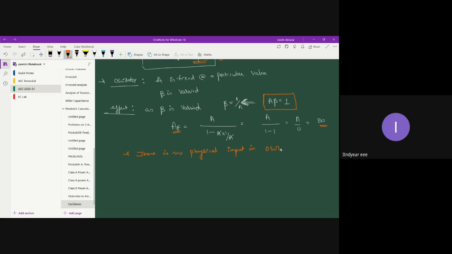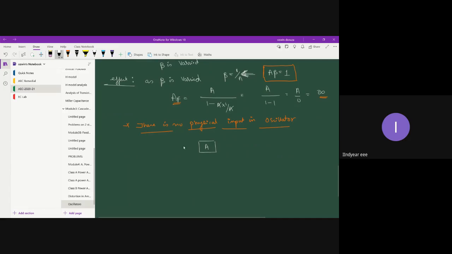That's the reason I'm writing this in prior only. That means the block diagram looks something like this. This is A, the exact block diagram for an oscillator. This is beta, the feedback factor. This is V naught.